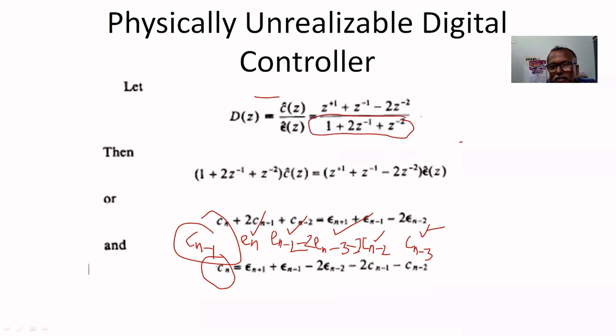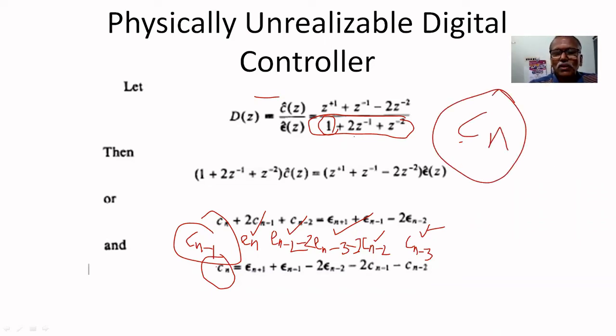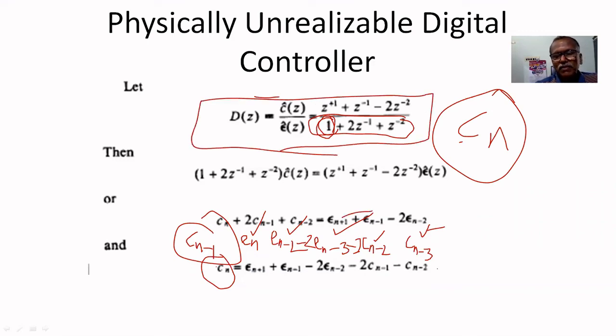Like that you would adjust this z. If this constant term comes here, you will automatically get c of n. Therefore, we have to adjust the denominator so that it has one constant term, then you cross multiply. It is given as such, that's why we didn't do any adjustment here. Otherwise, it will not be physically realizable.